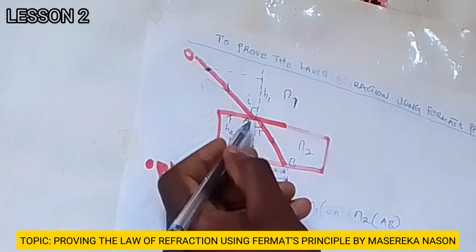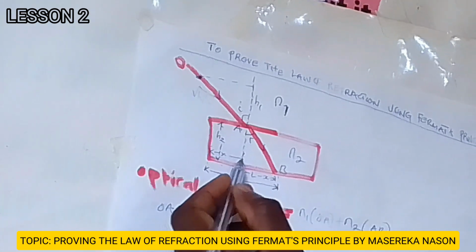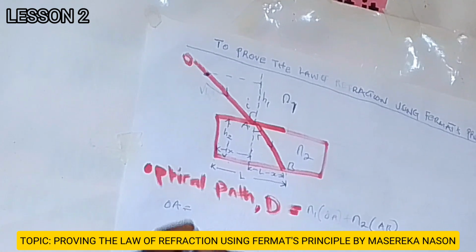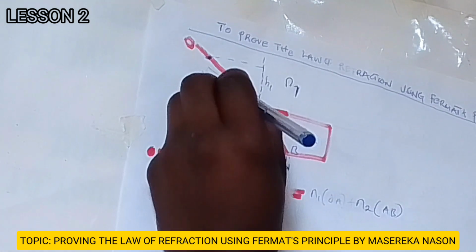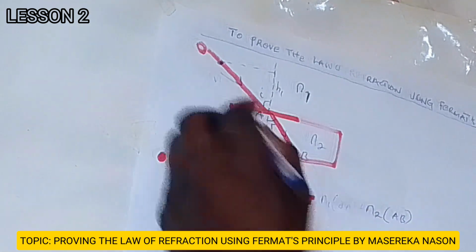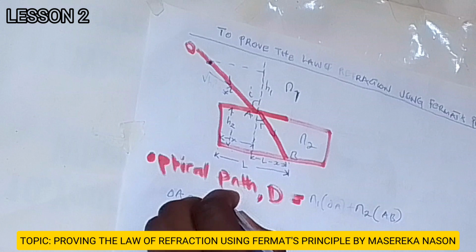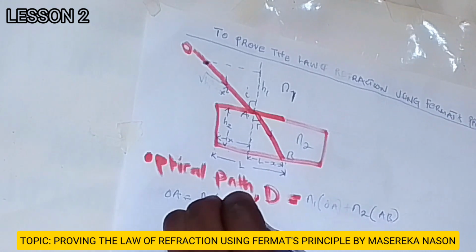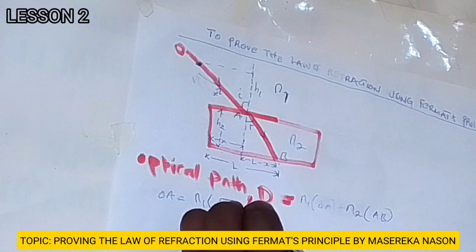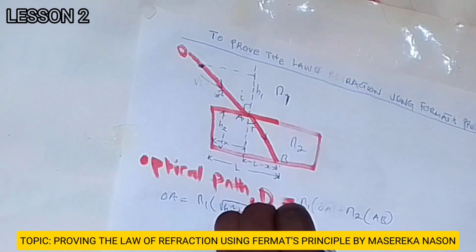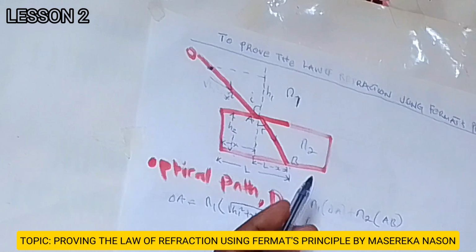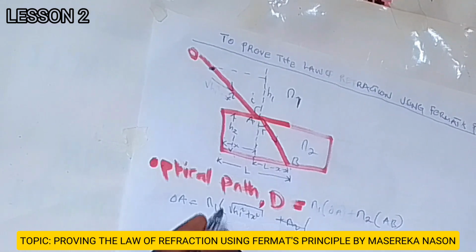Of course, this distance is the same as this, and we say it will be distance X. So it will be X squared. So this will be N1 into root of H1 squared plus X squared plus N2 times our AB.